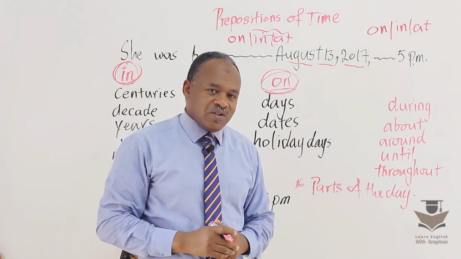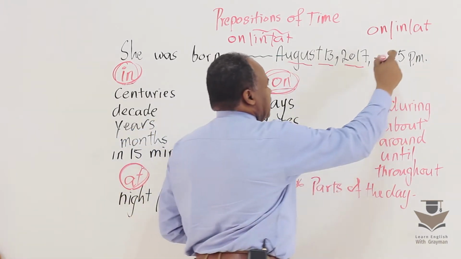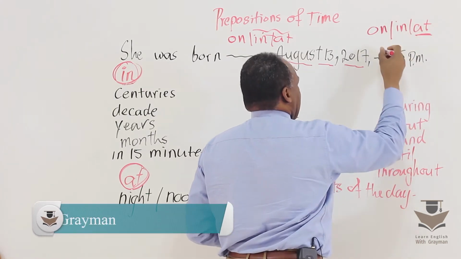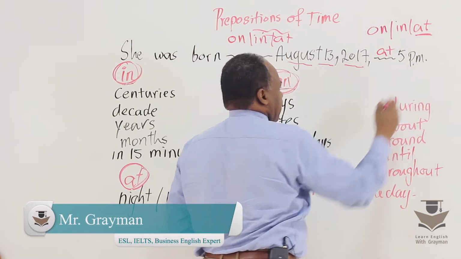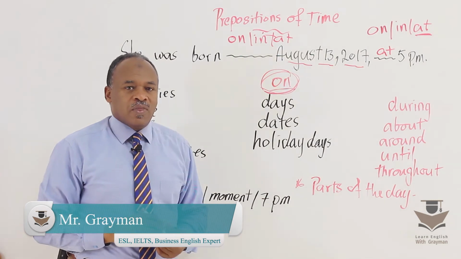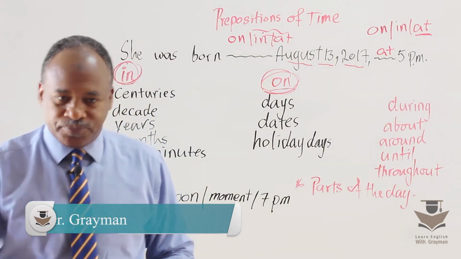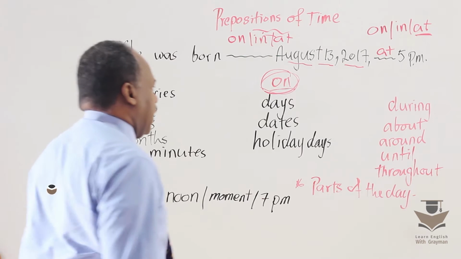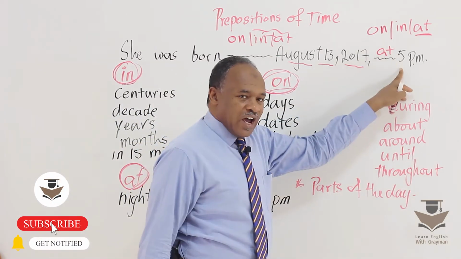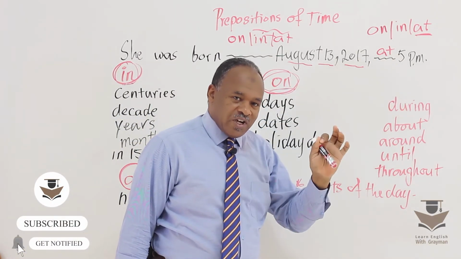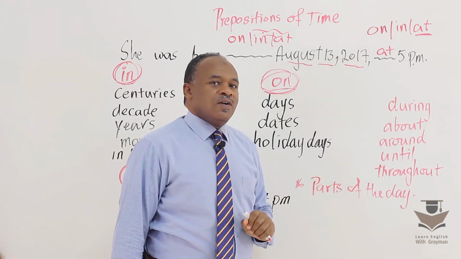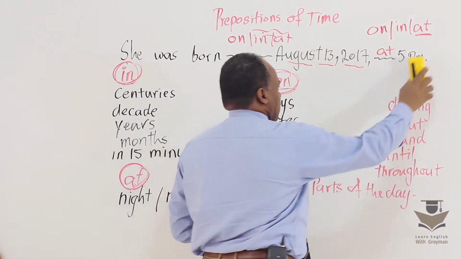What is your guess? Okay, the right answer is at 5 p.m. So for time, when it is a specific time, we use at. Okay, that's the first rule.